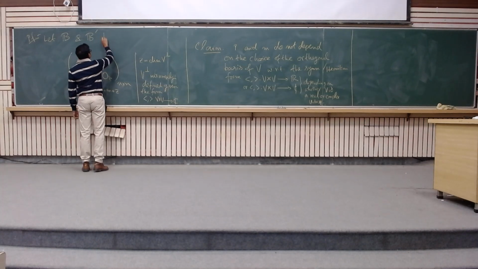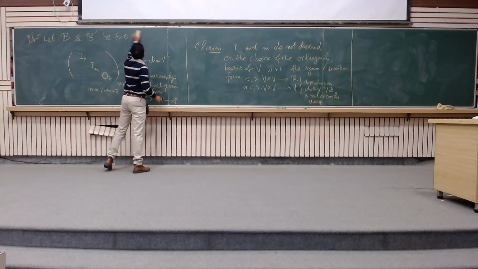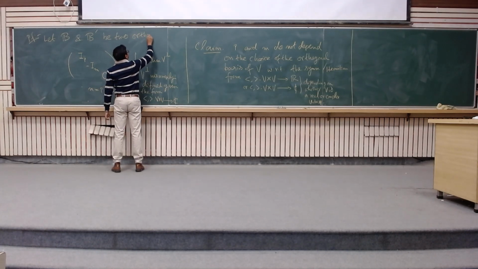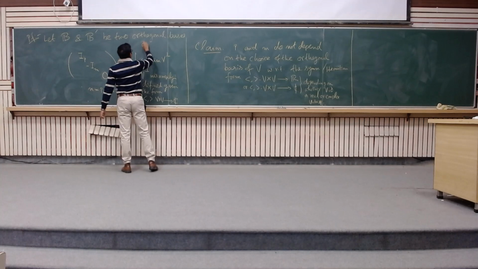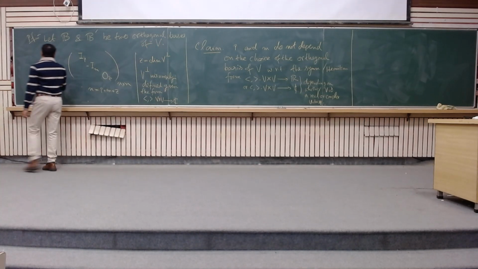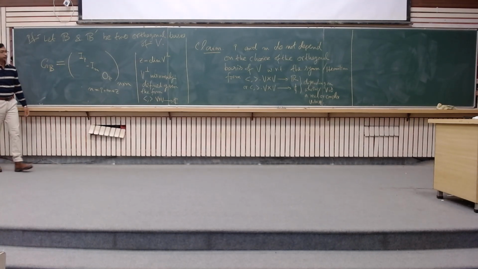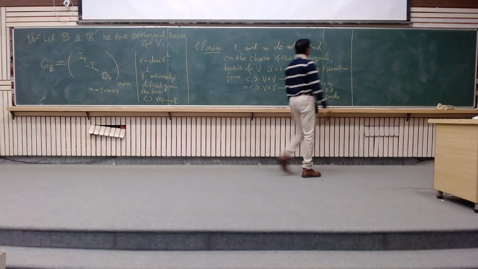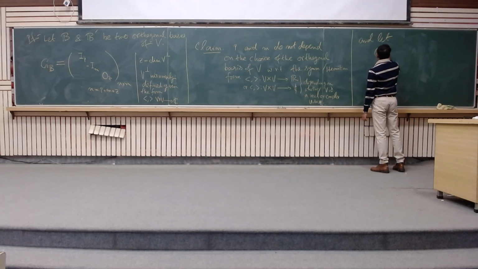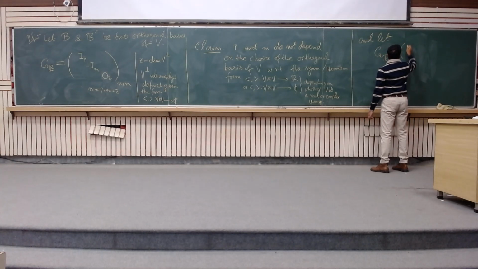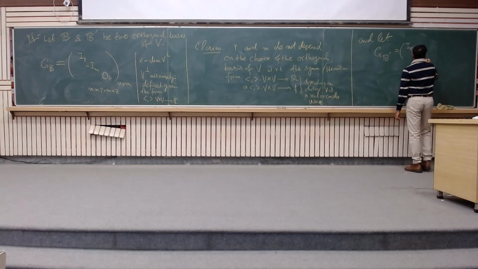Let B and B dash be two orthogonal bases of V, and let the Gram matrix of the form with respect to B be this one, and also let G_B dash be equal to I_P dash, minus I_M dash, and 0_Z.